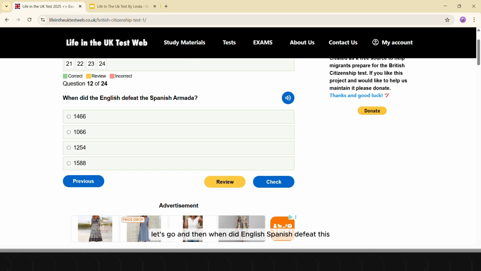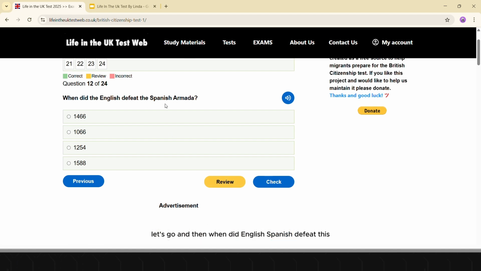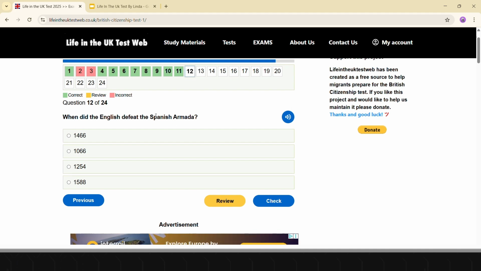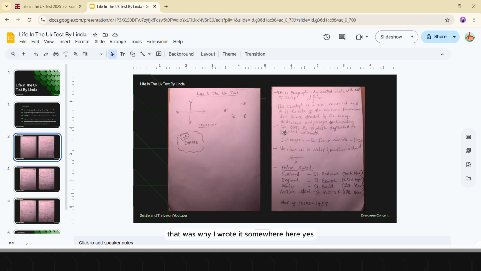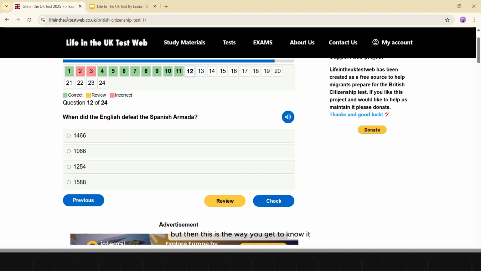And then, when did the English defeat the Spanish Armada? I kept forgetting this one, which is why I wrote it somewhere here. Yes, this one in 1588, defeated this. But this is the way you get to know it. The key number here is 8.